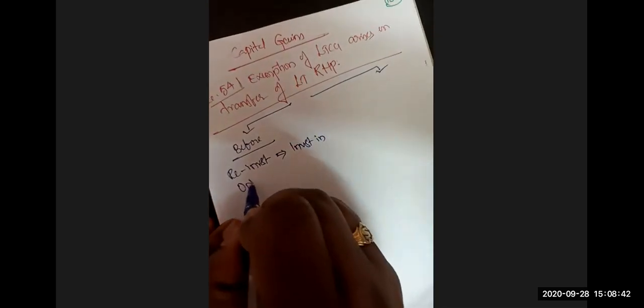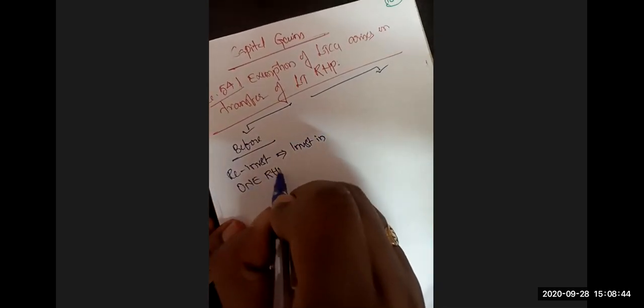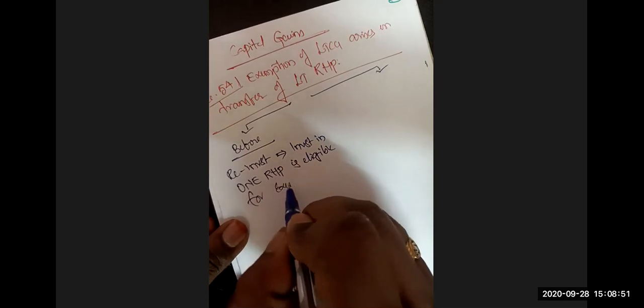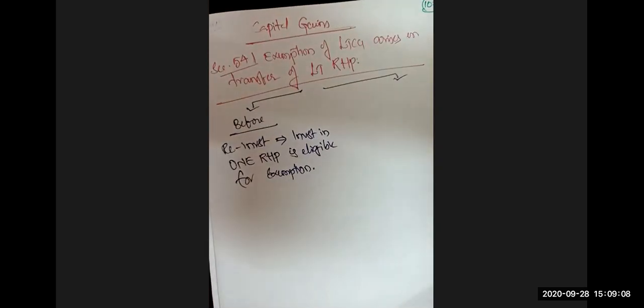Investment in one residential house property is eligible for exemption. Even if you invest in more than one residential house property, only one residential house property's investment will be considered for exemption under section 54.